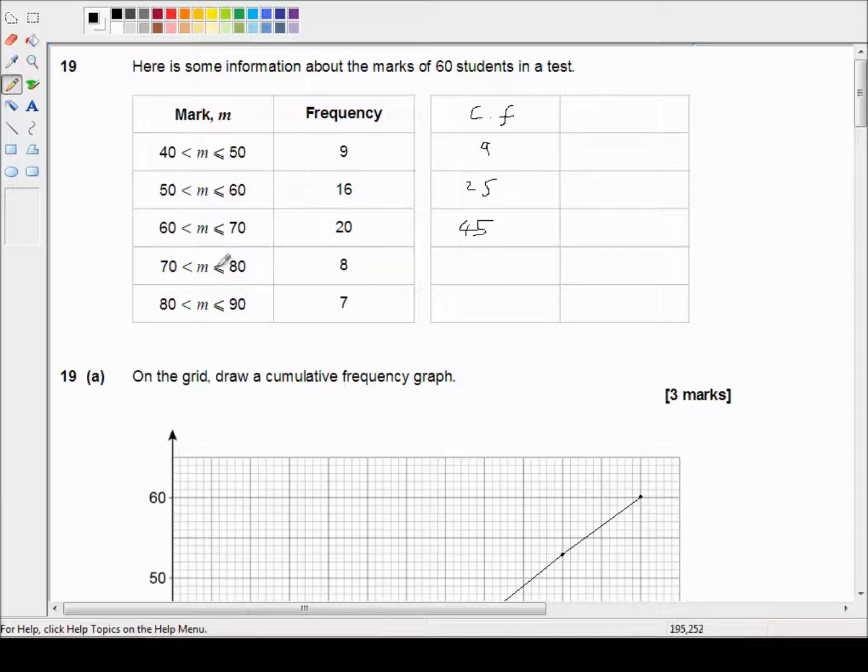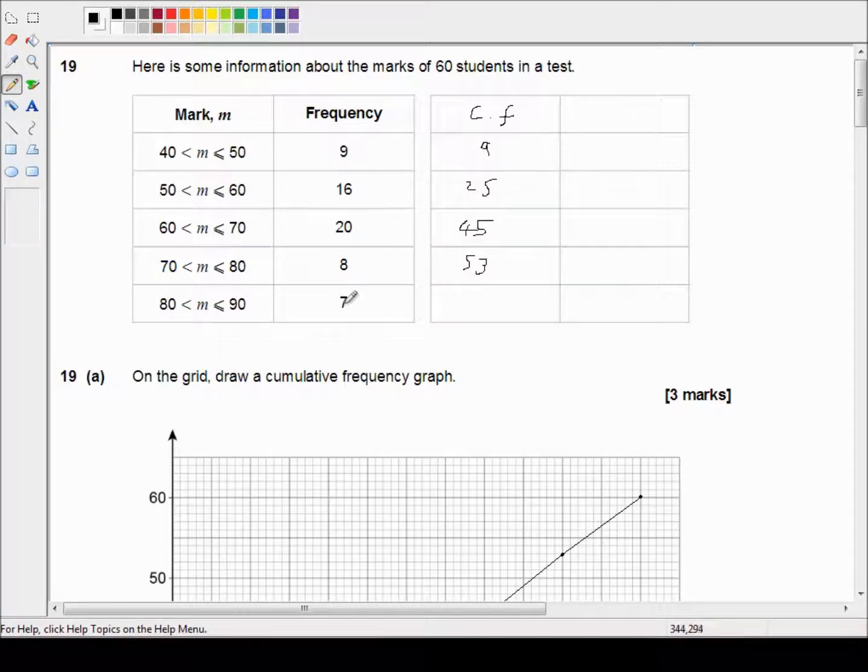Now if 8 students scored between 70 and 80 and 45 students scored below 70, then 45 plus 8 is 53. Just add 10 and take away 2. So 53 students scored below 80.